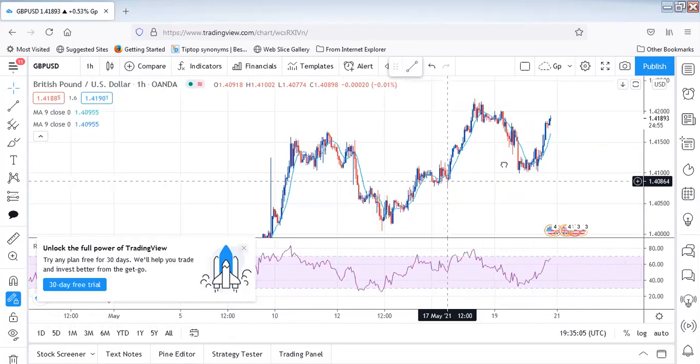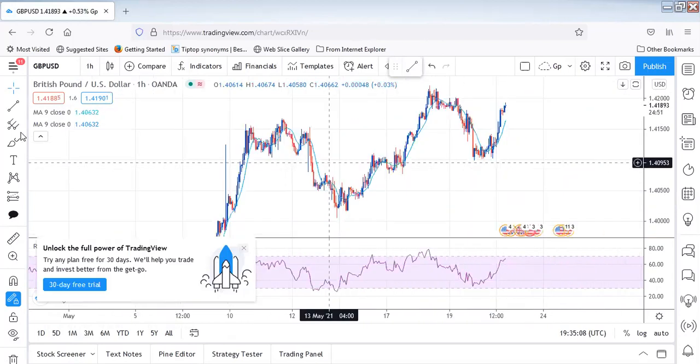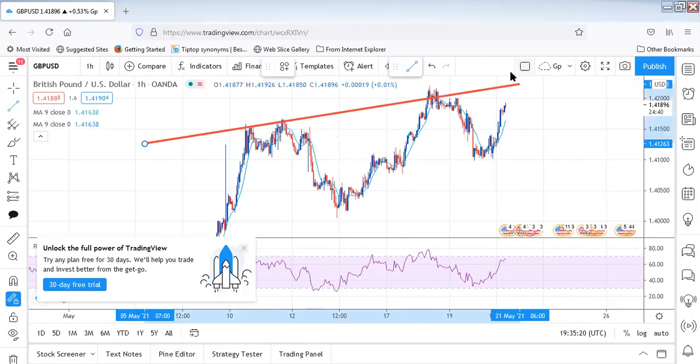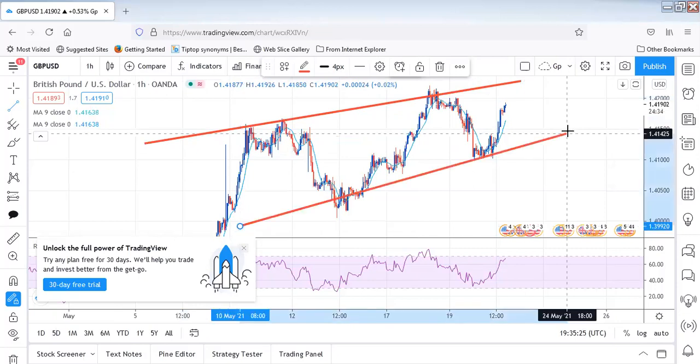Look at it. I can predict my support and resistance here. How? I can just come here and take a trend line. Put my line here. I can come here, put my line here.